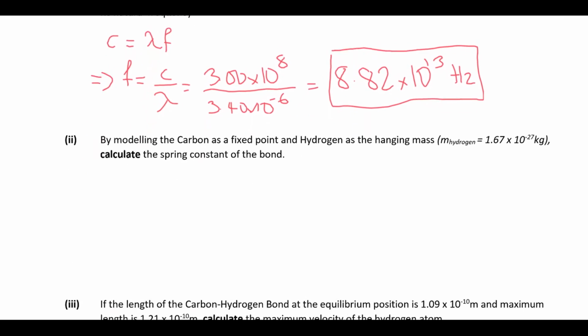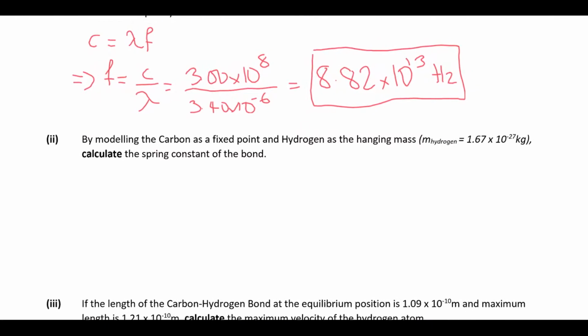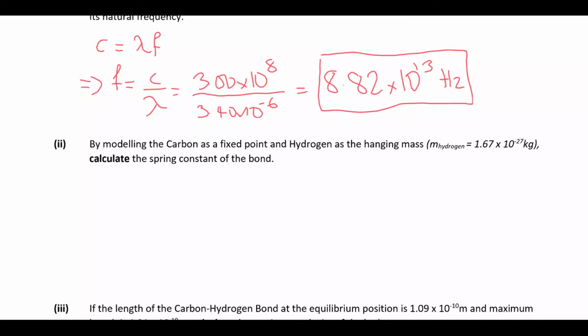Right, so we're now going to essentially model it with our mass spring system. So if we imagine we've got our carbon atom, and it's like the hydrogen is being hung from the carbon atom, so the carbon's fixed in space because its mass is much bigger, and the hydrogen is hung from a spring.